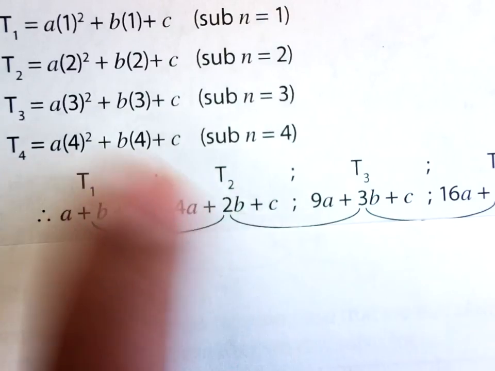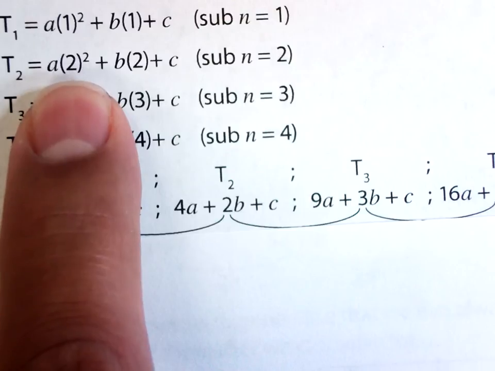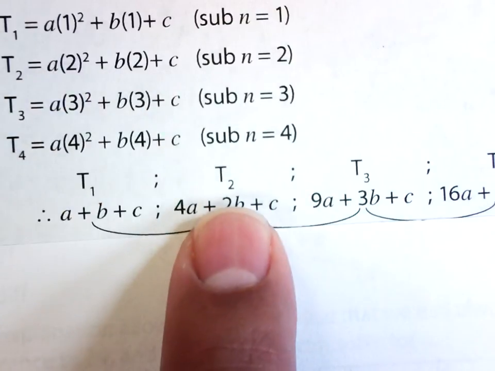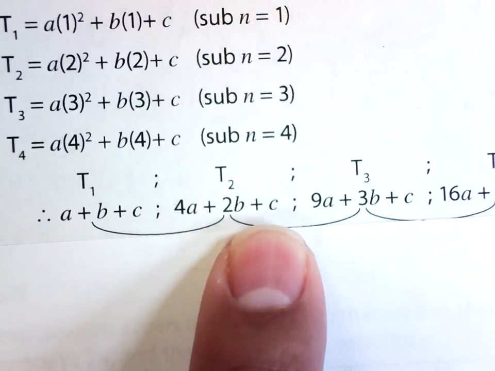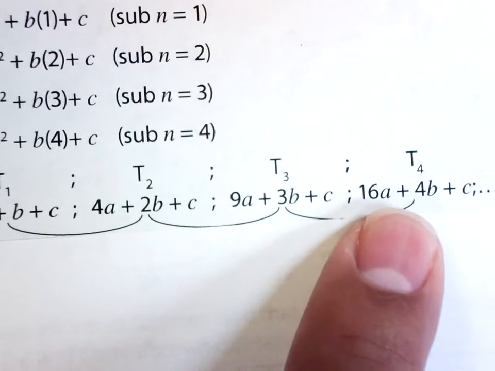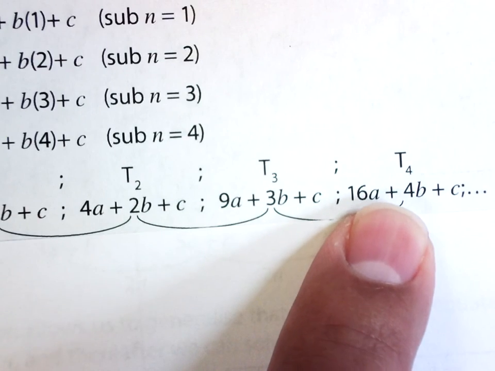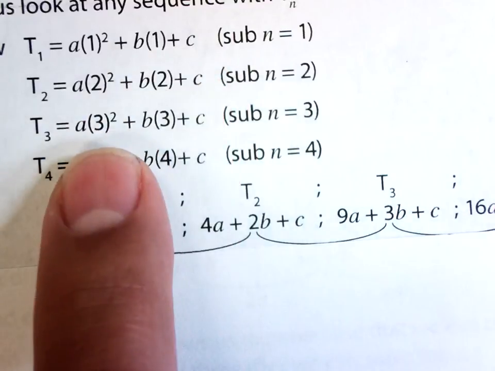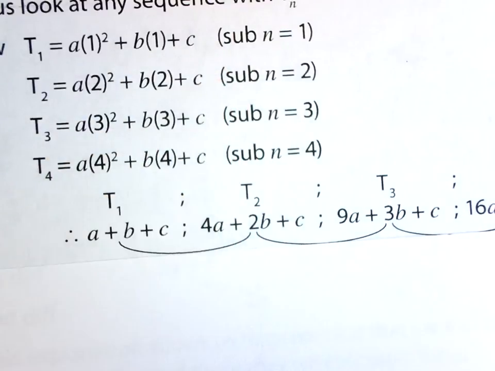And so the t2, they went back here, they simplified it. So 2 squared is 4, so it's 4a plus 2b plus c, and that's where the t2 comes from. So t2 is just 4a plus 2b plus c. Did it again for t3, and they did it again for t4. So again, all they did was simplify. They went back up into these four, and they actually simplified. They did the squaring, and again, b4 is just 4 times b, and so on.